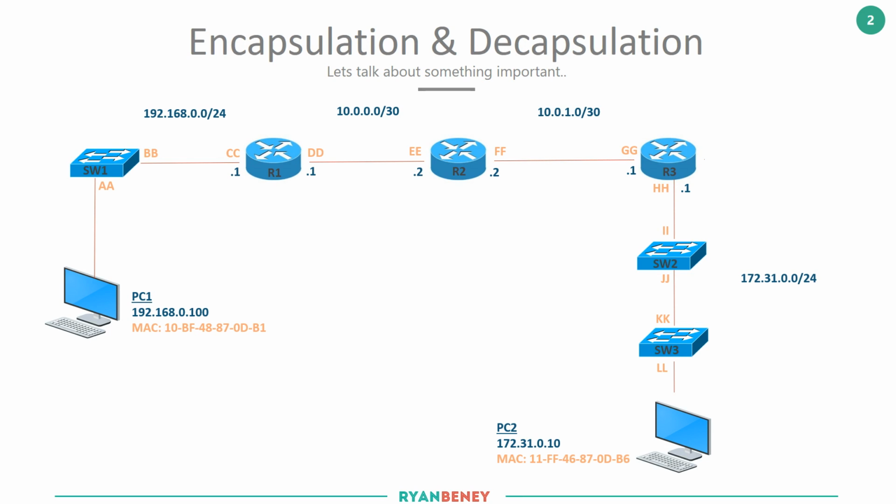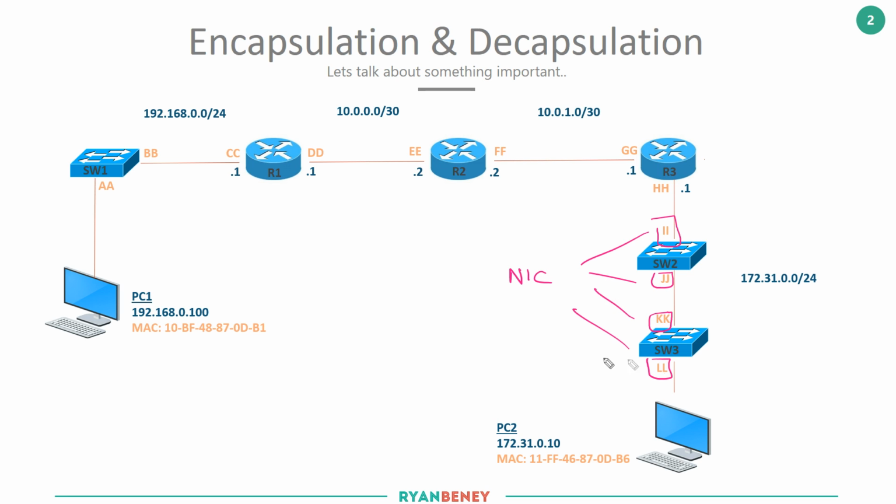A few things to mention before we start going back in the opposite direction with the reverse traffic: don't get fooled or confused by what I've put here on the switches. I've put II, JJ, KK and LL. Now we know that every single NIC has a MAC address.